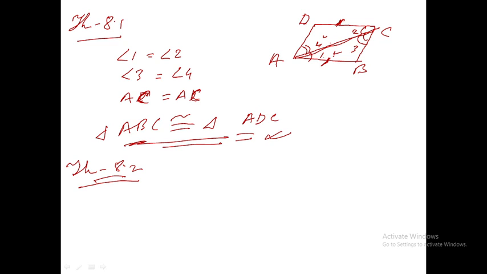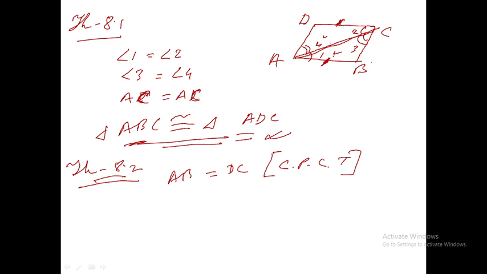Side AB and DC are equal. Why? CPCT. First you have to prove the two triangles congruent this way, then you can say AB equals DC. The reason is CPCT, corresponding parts of congruent triangles.